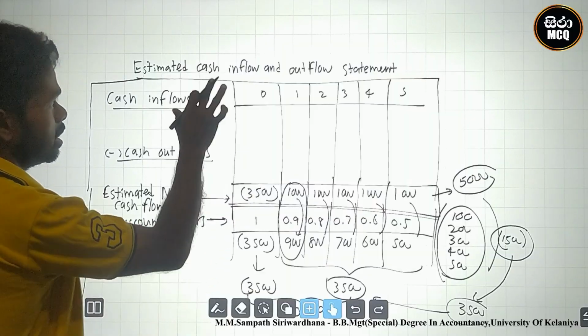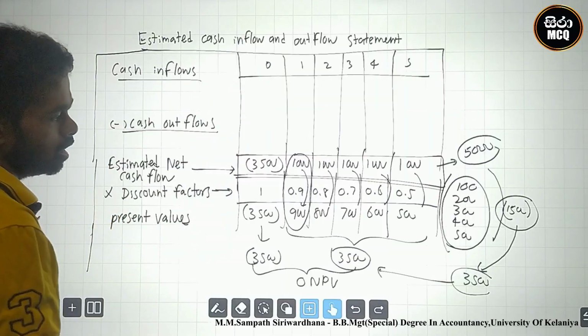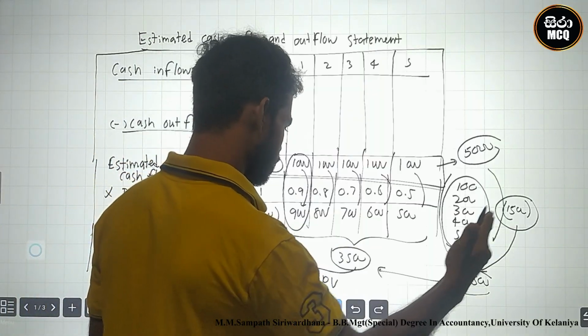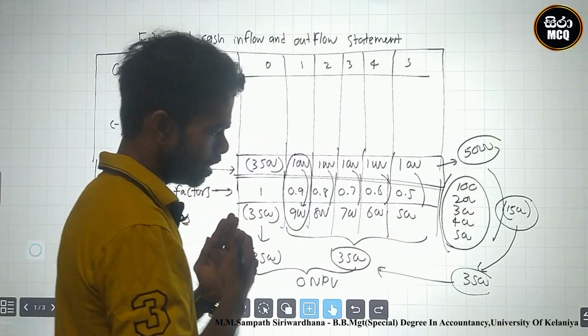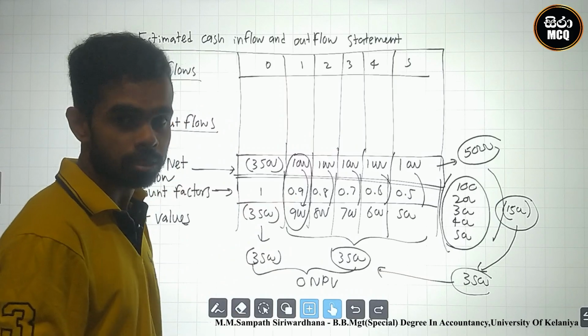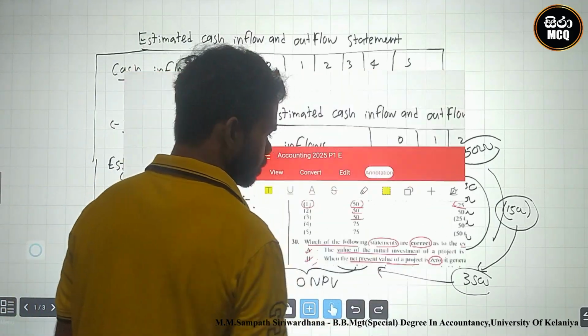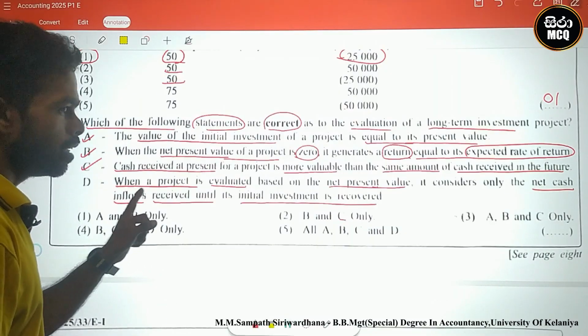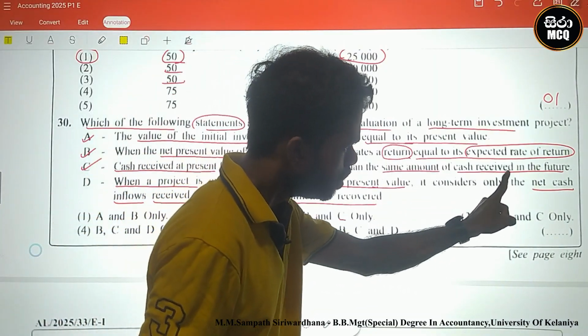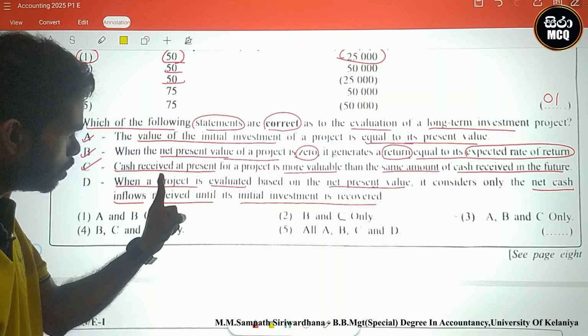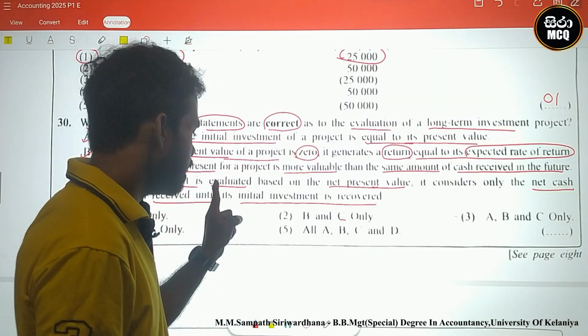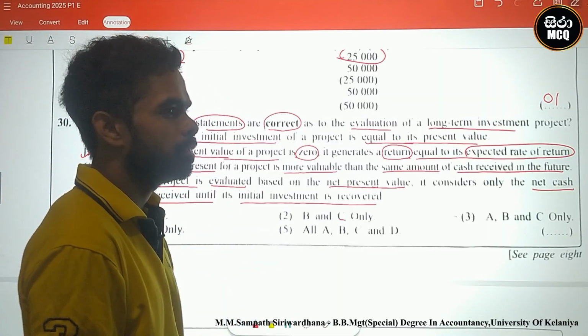Okay, this is the estimated cash inflow and outflow statement. All years are agreed with in the net present value calculation. But this statement said that it considers only net cash flows received until the initial investment is recovered.